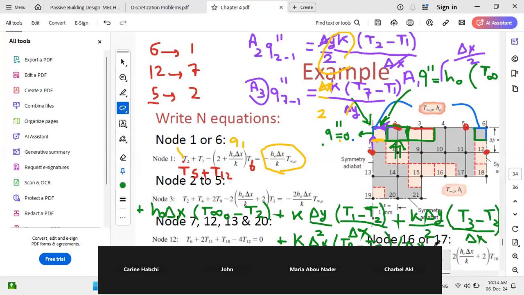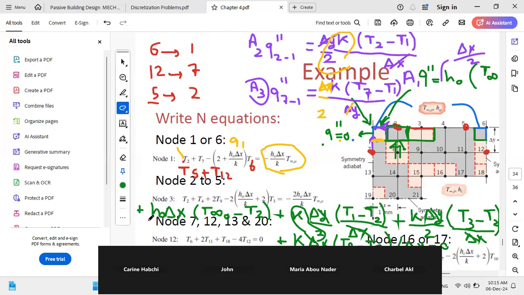Now I can do several simplifications. As we said, delta Y equals delta X, so I can simplify. If I divide all terms by K over 2, I end up with the following. For the coefficient of T2, let us see what we have.